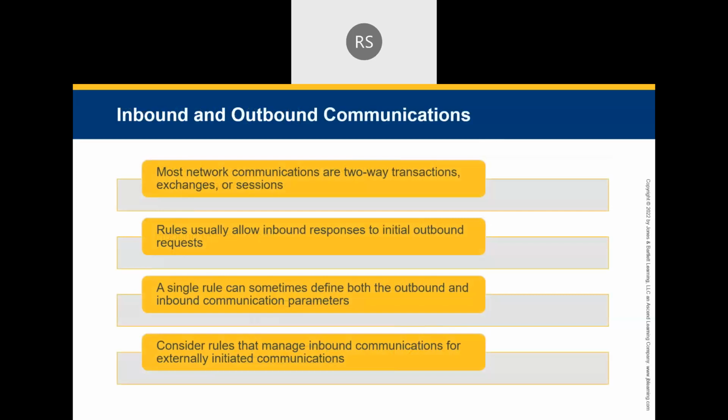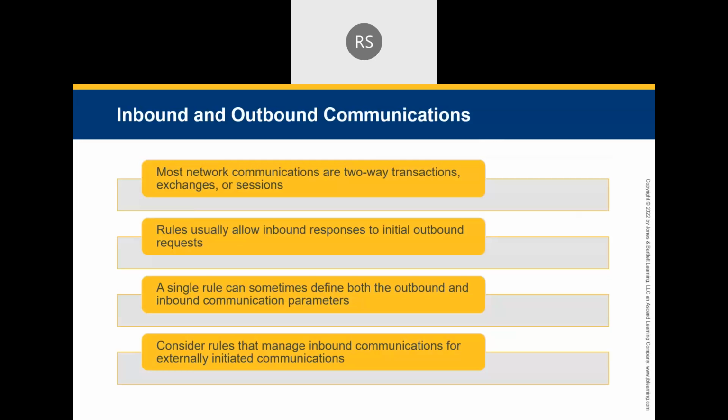You want to recognize the bidirectional nature, and how it is important for establishing rules that enable seamless and secure connections and communications. Your rules usually allow inbound responses to initial outbound requests. So you want to allow the return traffic from a web page requested by the user's browser. Your firewall rules should permit incoming traffic that is part of a legitimate response to an outbound communication.